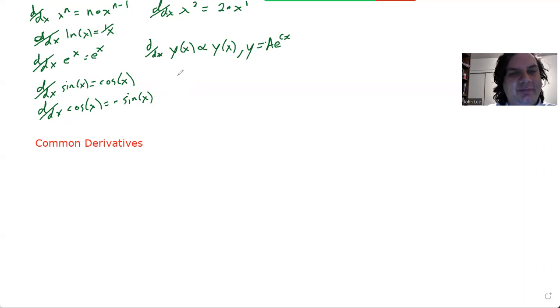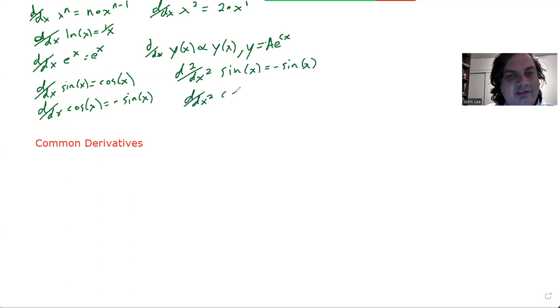What this also means is that d squared/dx squared of sine of x is equal to negative sine of x. And d squared/dx squared of cosine of x is equal to negative cosine of x.